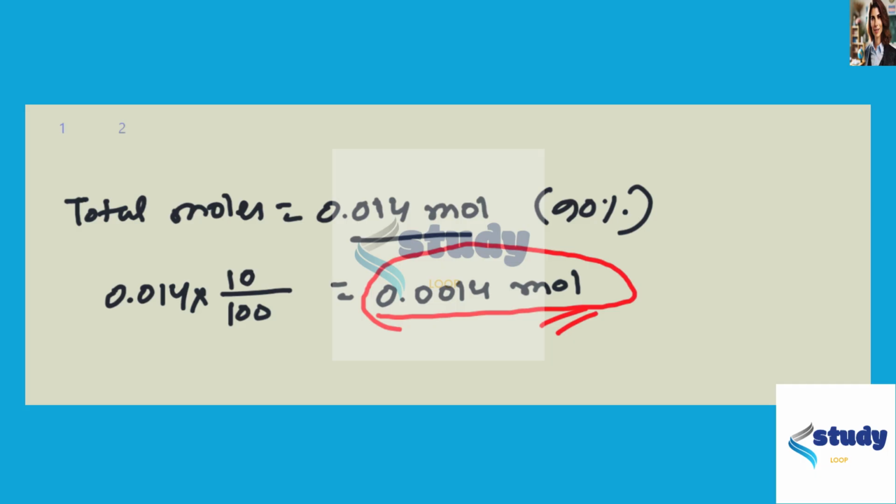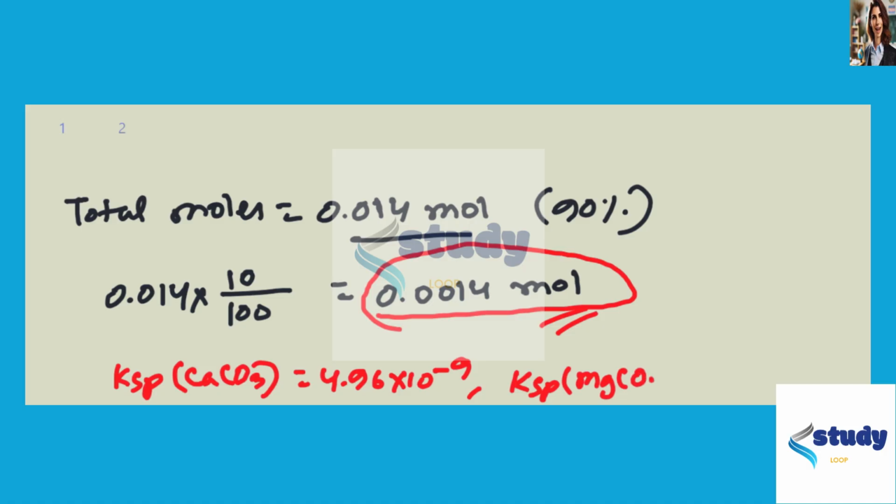If we look at the Ksp values of calcium carbonate and magnesium carbonate, the Ksp value of calcium carbonate is 4.96 times 10 to the power minus 9, and the Ksp value of magnesium carbonate is 6.82 times 10 to the power minus 6.